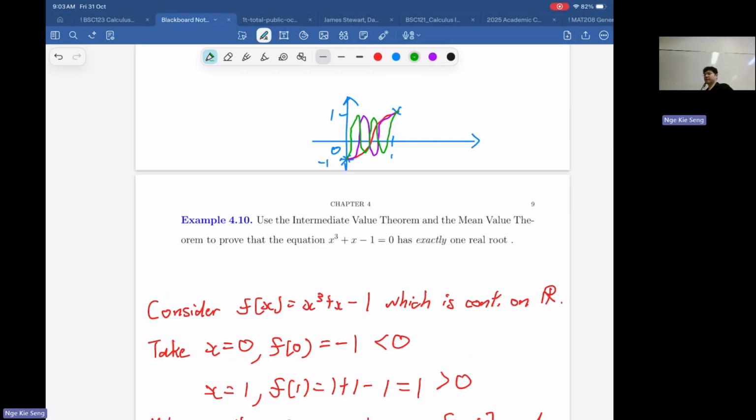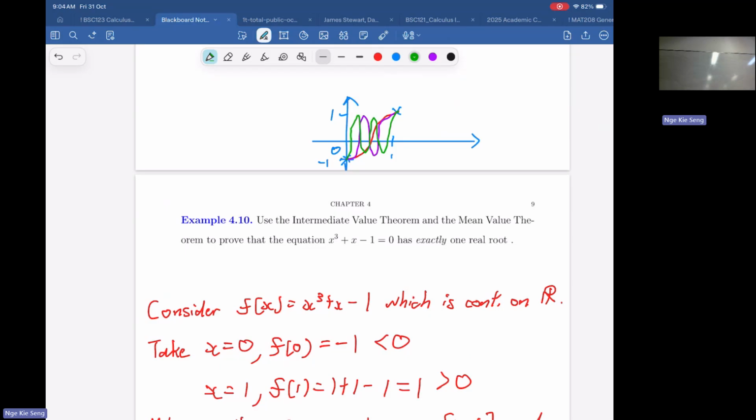But does anyone realize any problem with this argument? Actually, we are not quite done yet. Why?